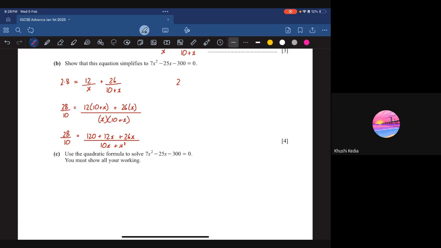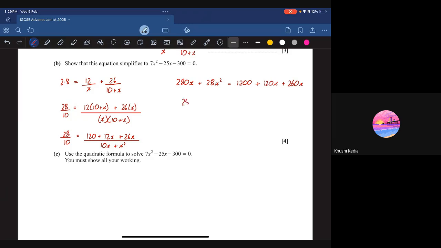So I'm going to have 280x plus 28x squared is equal to 10 times the other side. So it's going to be 1200 plus 120x plus 260x. Simplifying everything and putting it all onto one side.